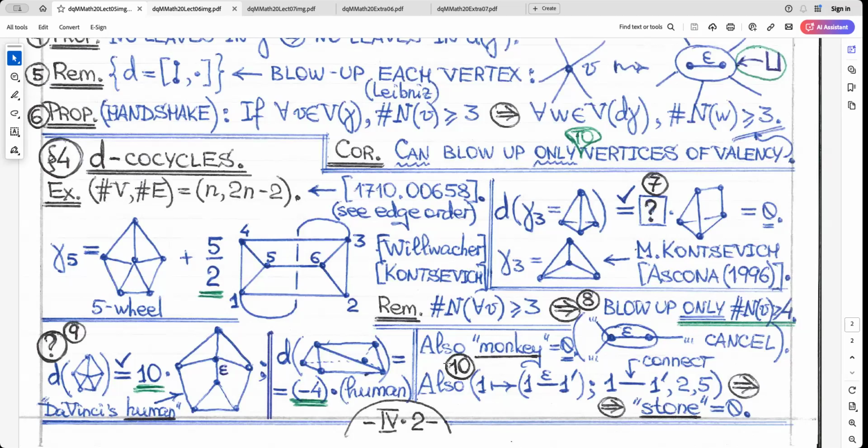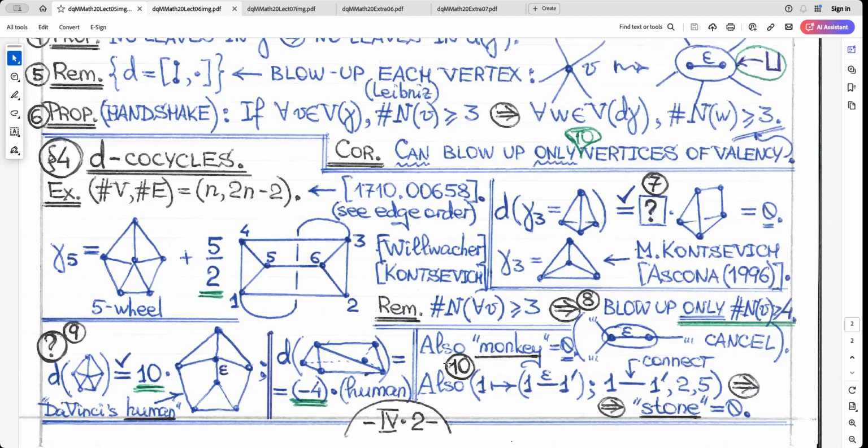Then, gamma 3, gamma 5, gamma 7. Who is next? Next is the bracket of gamma 3, gamma 5, a non-trivial cocycle, then gamma 9, and then so on.